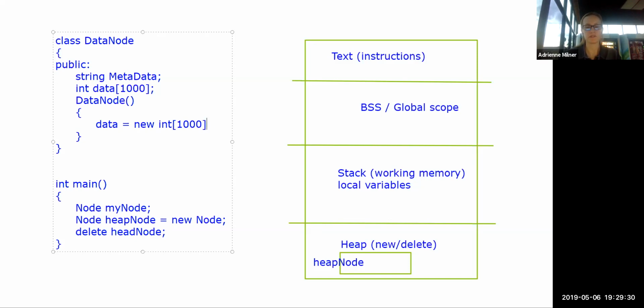Now this doesn't compile syntactically because this array now would become, it's not an array anymore, it's a pointer to data. And then once you enter into your constructor, you will actually new the space for that data.